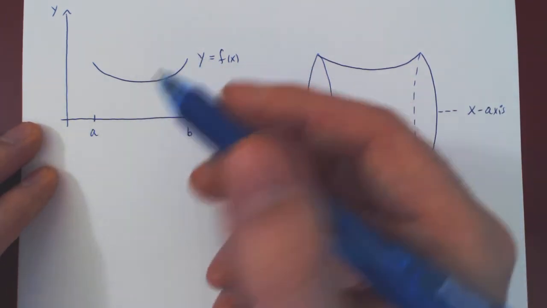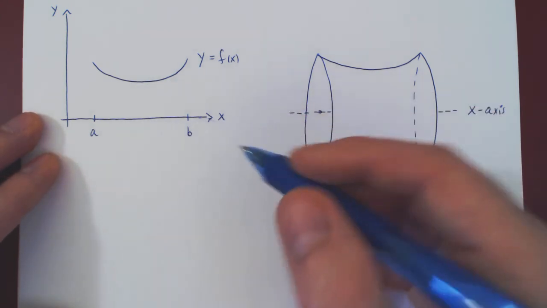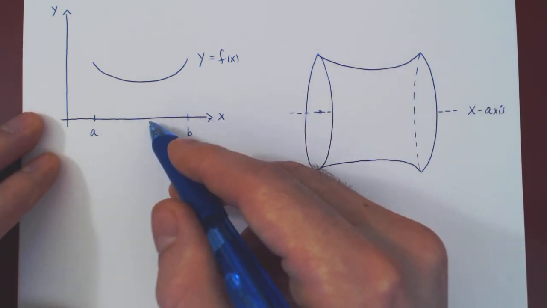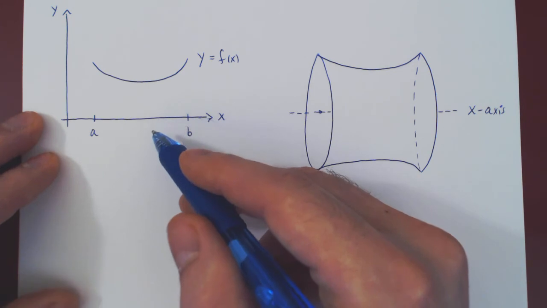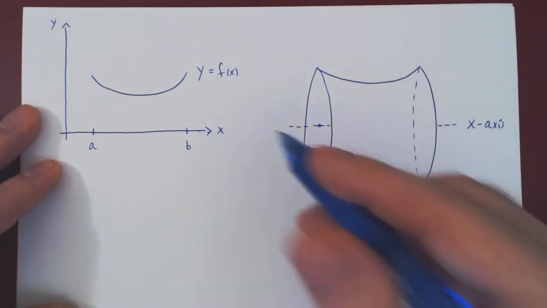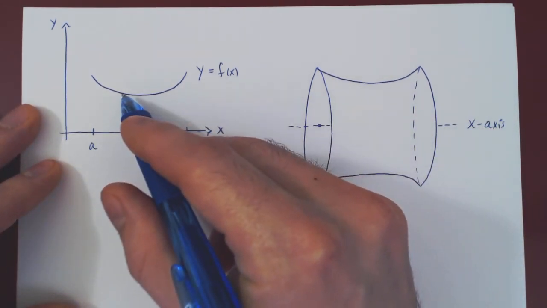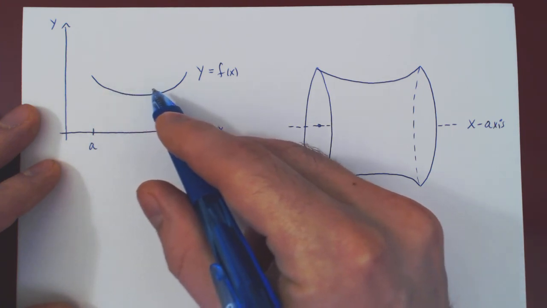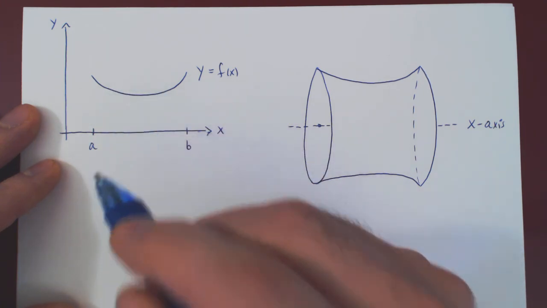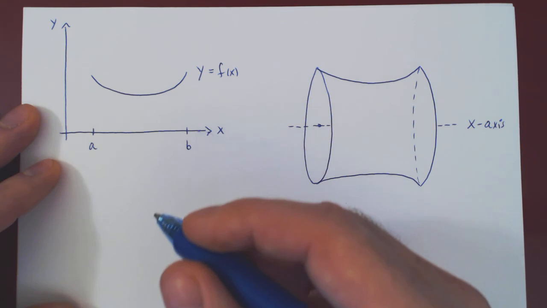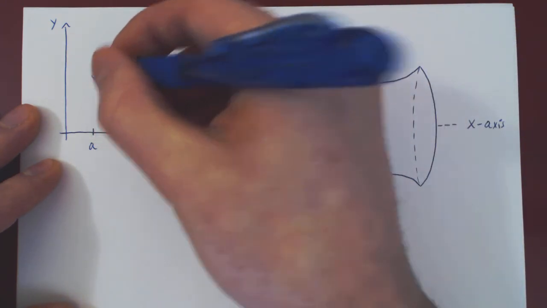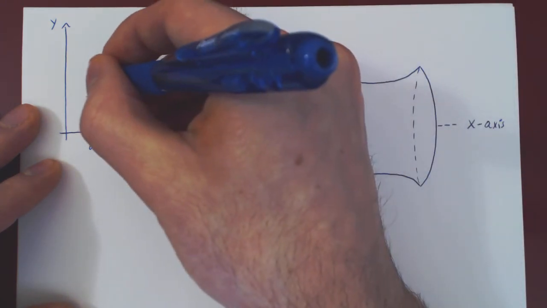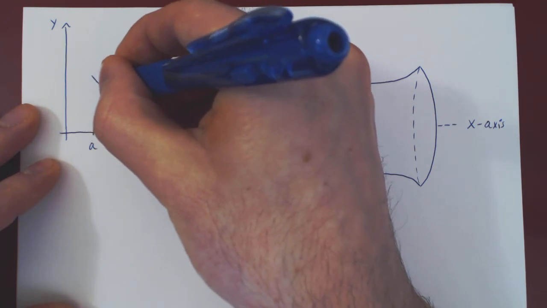So here I'll exaggerate the picture. We want to consider a small interval between a and b, and instead of taking the exact curve, we will take a line segment connecting the two endpoints of our interval. Suppose we take the given line segment.